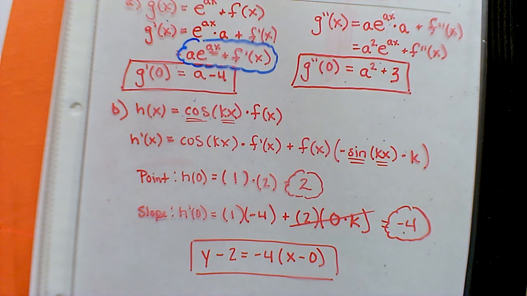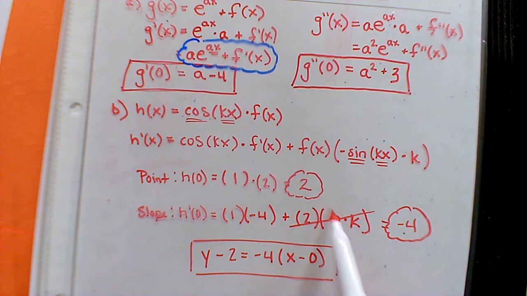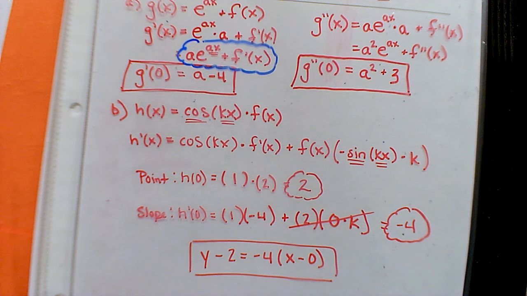So what if, instead of doing negative sine kx times k, considering that nulls out to 0, what if you forgot the k but still got the correct answer? Would you lose points for that? No. Like if you didn't even write this here, is that what you're meaning? Yes. If you didn't even write it, that's okay. Like how it says h prime of x equals cosine kx times f prime of x, up there.